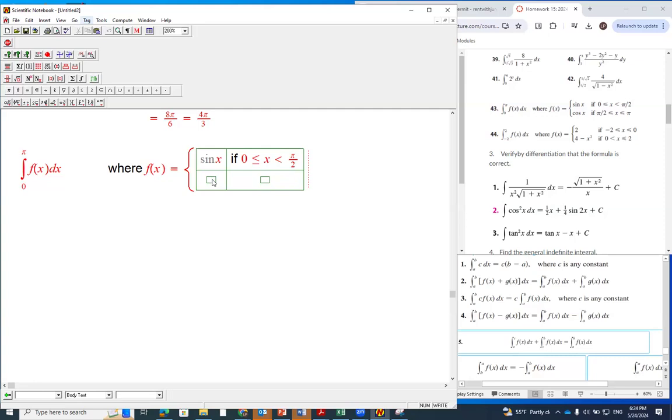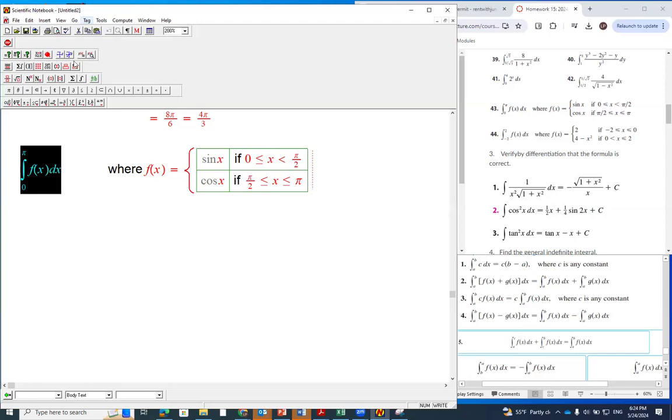And the other rule is cosine x, if x is between pi over 2, less than or equal to x, less than or equal to pi. All right, so we have two rules.